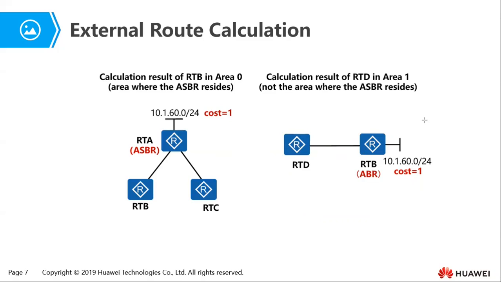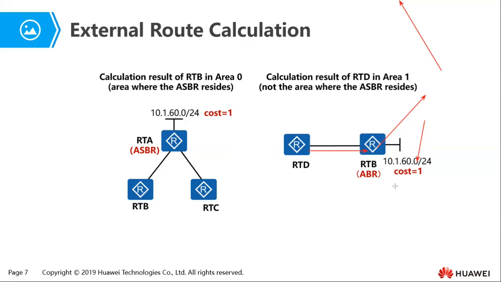It only needs to forward that packet to the area border router, and then the area border router will deliver it to the ASBR, and the ASBR will forward it to the external network.